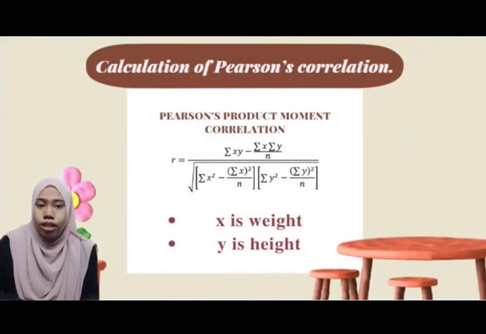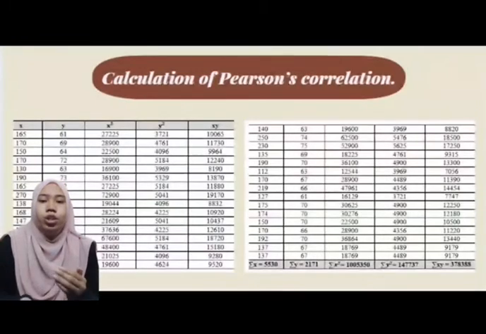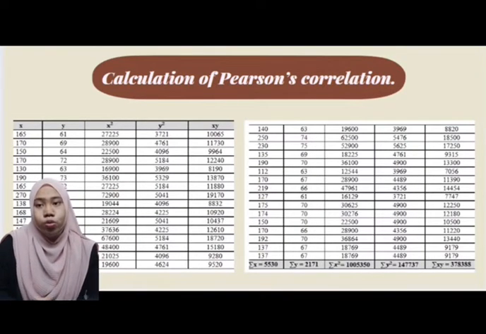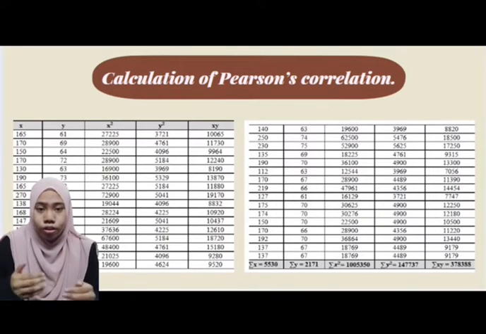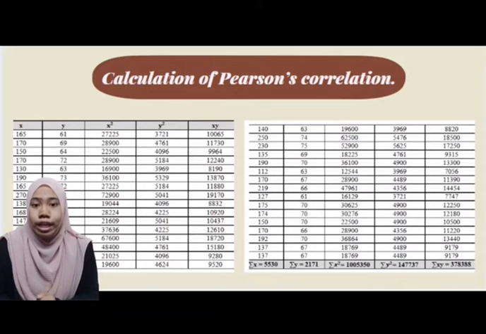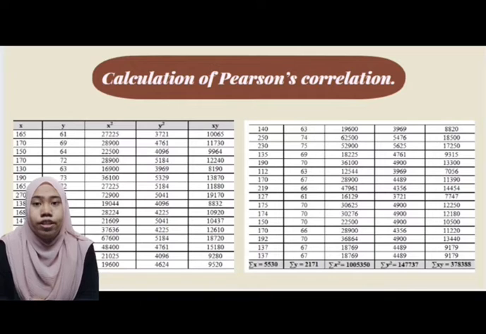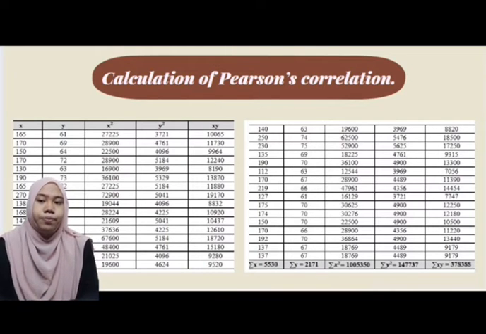X represents weight and Y represents height. So sum of x equals 5,530, sum of y equals 2,171, sum of x squared equals 1,005,350, sum of y squared equals 147,737, and also sum of xy equals 378,388.